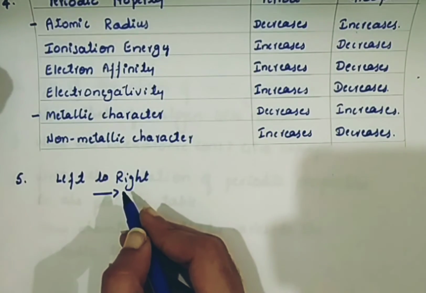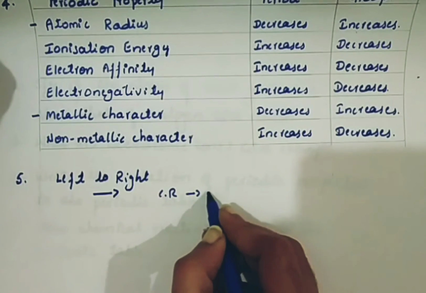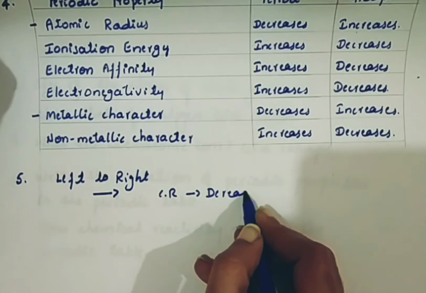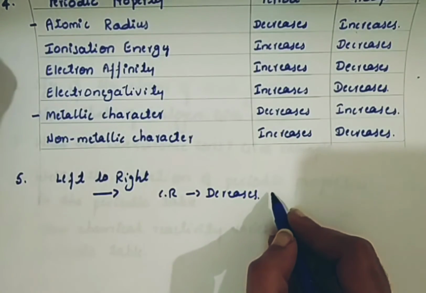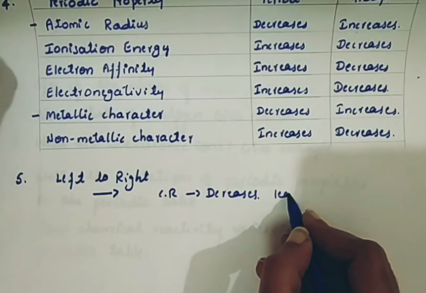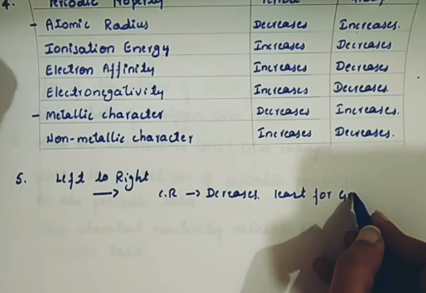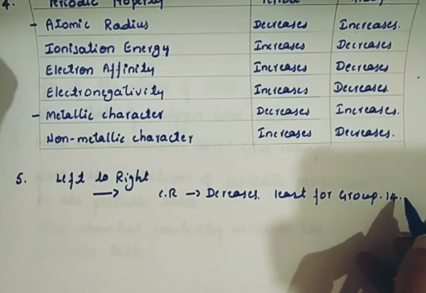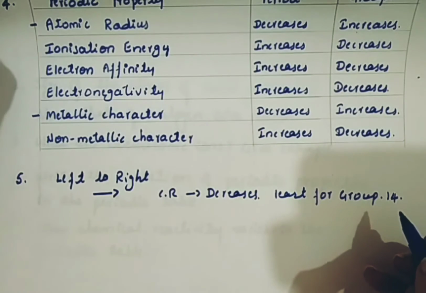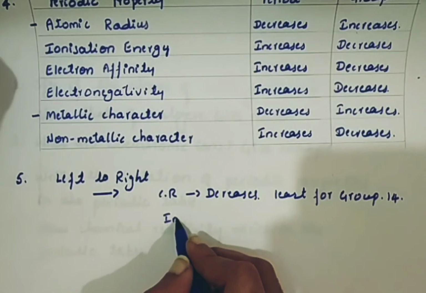If we move from left to right in the periodic table, chemical reactivity first decreases and becomes least for group 14 elements, and then again increases up to group 17. Group 18 elements are not reactive because their valence shell is completely filled, so they are inert gases.